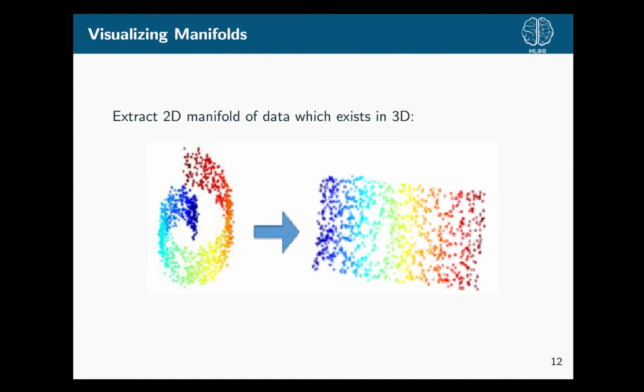So a visualization of a manifold like this, where I was talking about the paper, is that you have data that can be explained in only 2 dimensions, but it exists in 3 dimensions, right? So if you're on this surface in 3 dimensions, then it's very likely that you belong to the training data set. And now you want a way to characterize that, in fact, this data can be adequately represented with only 2 dimensions. And then you want to learn that mapping from 3-dimensional space to 2-dimensional space, right?